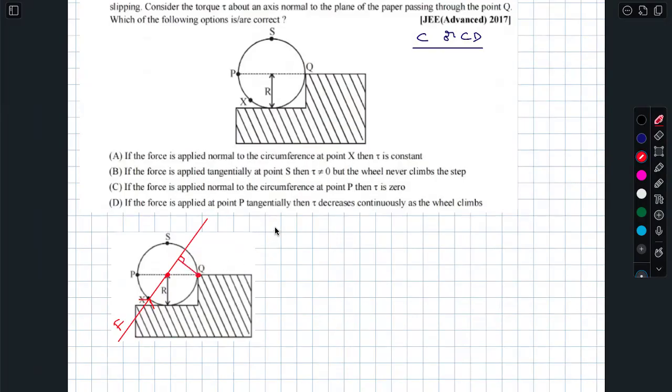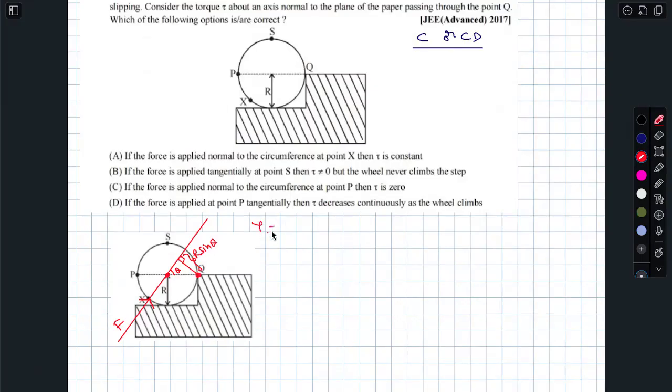Even though force is constant, since force arm is not constant, torque is not constant. Right now this is theta, this is R. So therefore, this is R sin theta.